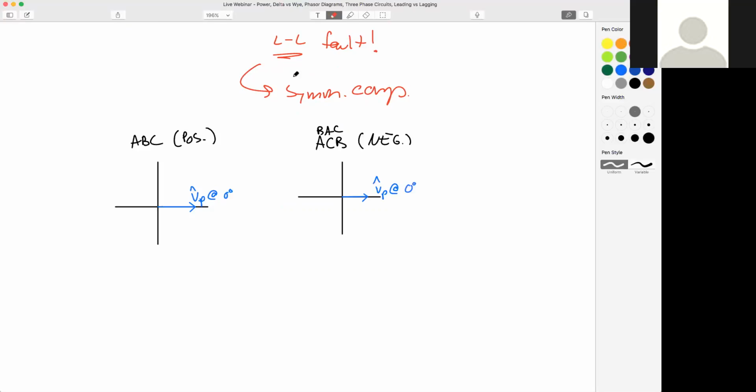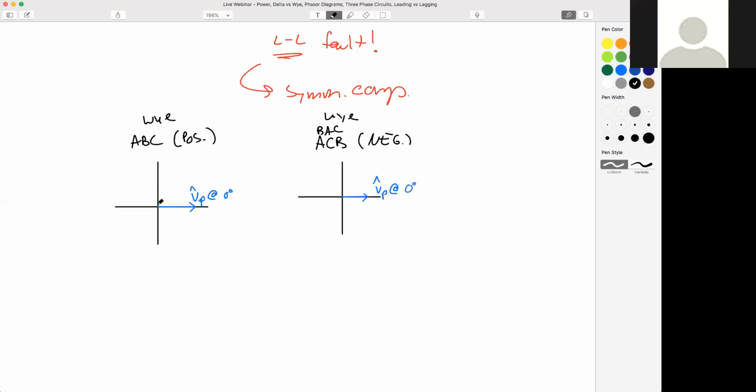So let's say these are Y systems. So this is Y, right? Since it wouldn't change for a delta. So if it was a delta, the order that they cross the horizontal would change, or the rotation direction would change, but since there is no difference between phase and line, we have no difference in the leading or lagging relationship. I just want to clarify that.